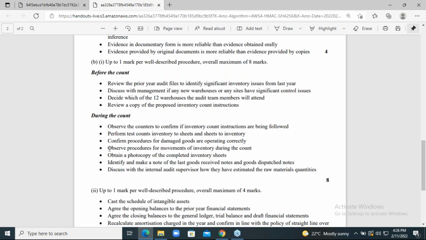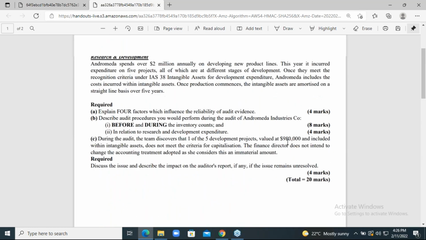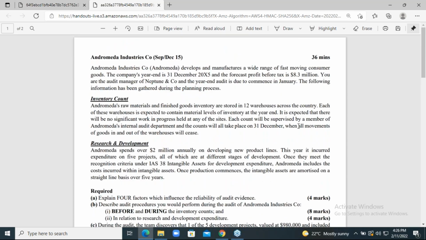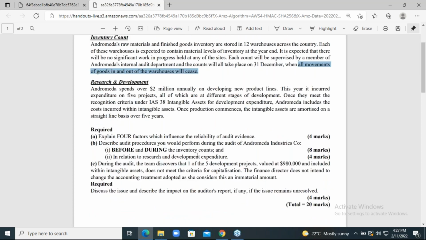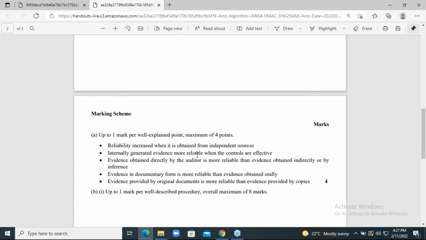You can see observed procedures for movements of inventory during the count. Although the data showed that there will be no movement of goods in and out of the warehouse, that was told in the data, but their claim is not reliable for us. We are going to observe it, we are going to check it.